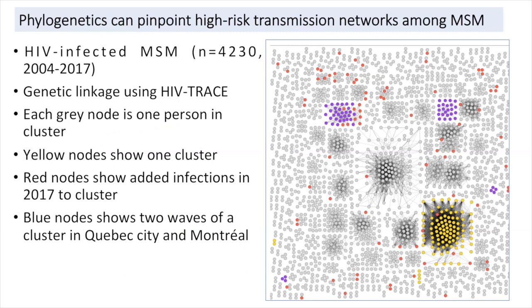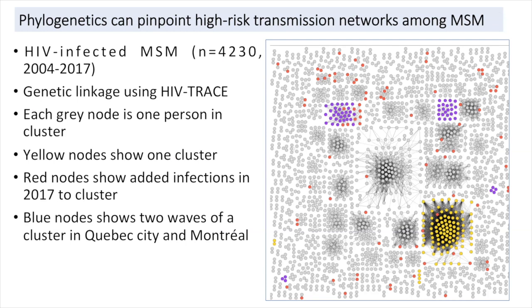This cluster type of presentation is recommended by the US plan to end the HIV epidemic introduced in 2019, in which the idea is to tailor interventions to specific areas where there are large cluster outbreaks.